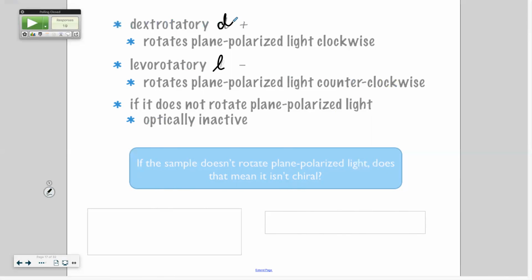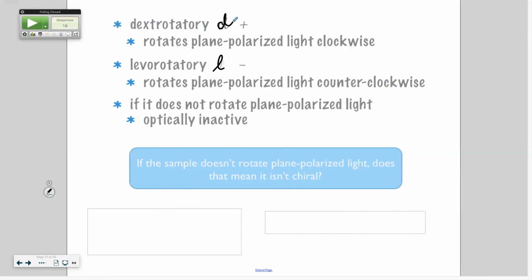If it doesn't rotate plane polarized light, does that mean it isn't chiral? What do you think? Does that mean there's like no chiral centers in there?